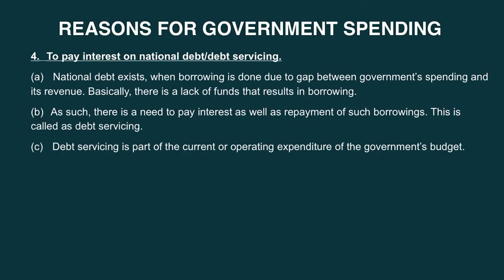That will be the third point. The fourth point is the purpose of debt servicing, to pay interest as well as the capital, the main debt of the government. To manage the debt, to do the debt servicing. So these are the 4 reasons.